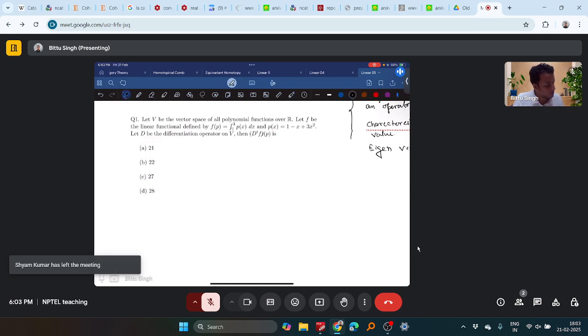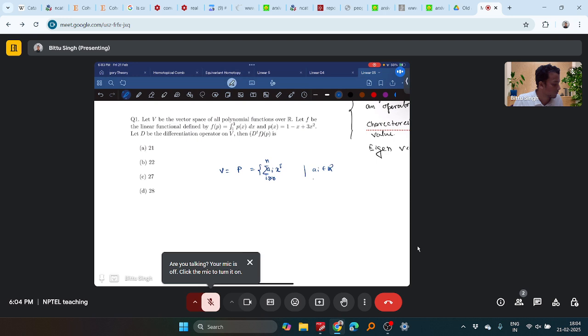So we know here in this case V is the vector space of all polynomials. So we may denote it by P. It will contain all those polynomials, summation a_i x to the power i, where i is from 0 to some n, a_i belongs to the real numbers and n is some fixed integer, preferably a non-negative integer.